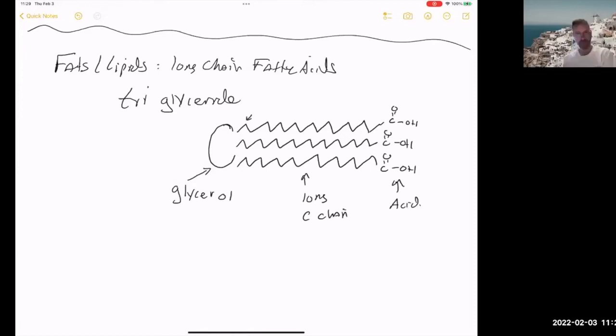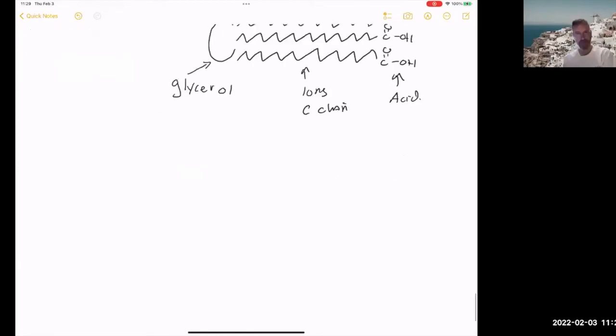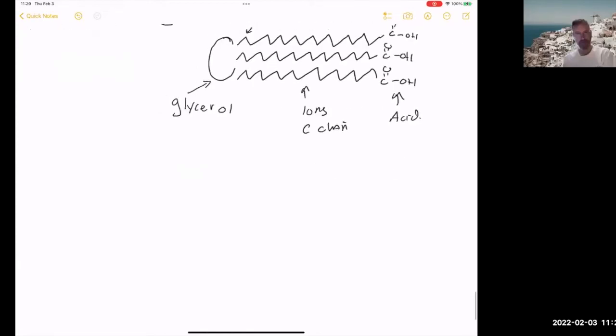That is a triglyceride, a long chain fatty acid, the common chemical structure. And then these can be modified to form other molecules, but that's the basic molecule. So where are these important? Well, they're important because they can form a long-term energy storage.